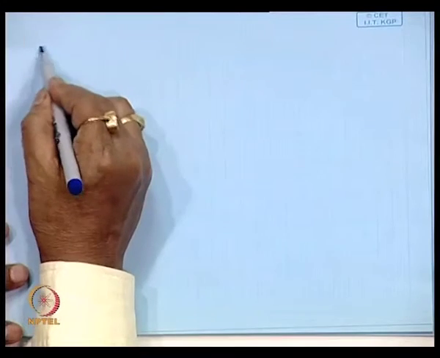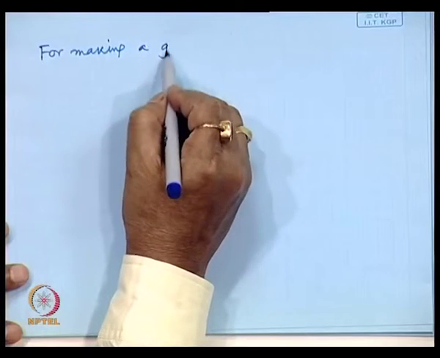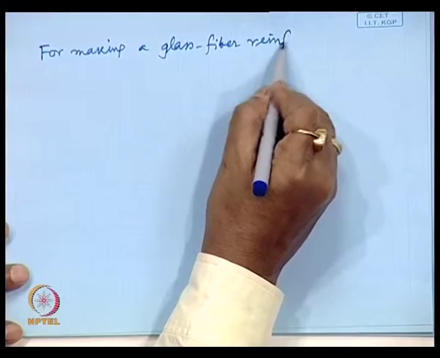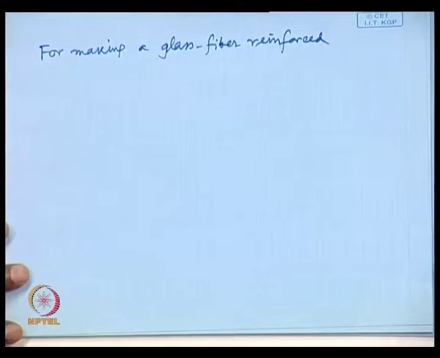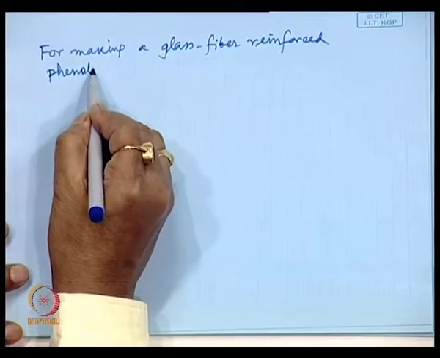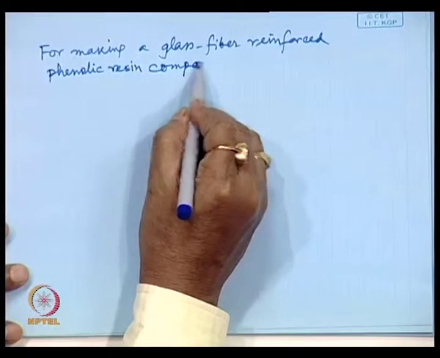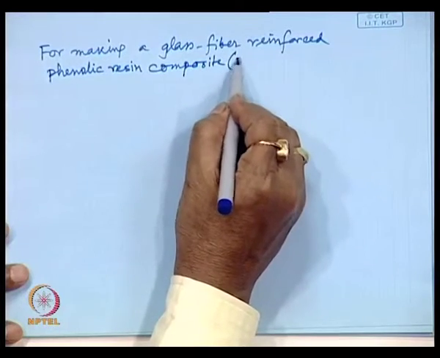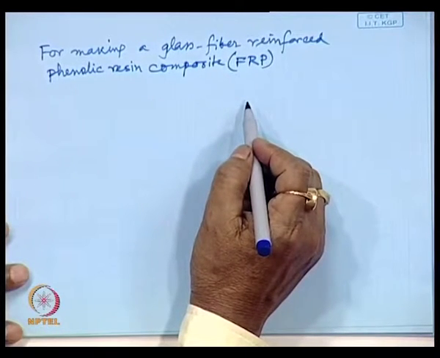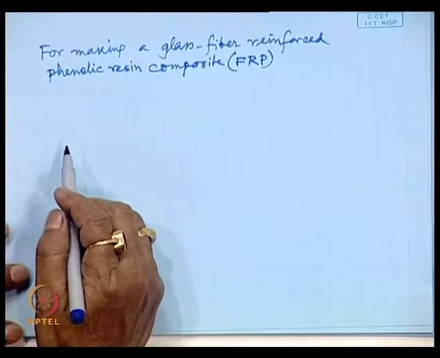So, for making a glass fiber reinforced phenolic resin composite, which is an FRP, fiber reinforced plastic, what is done? You have to synthesize phenol formaldehyde resin up to B stage.